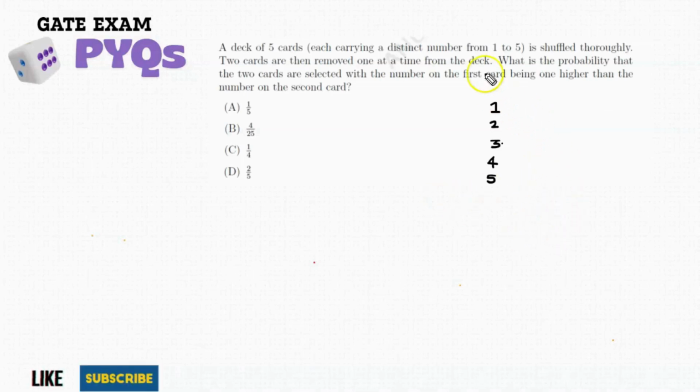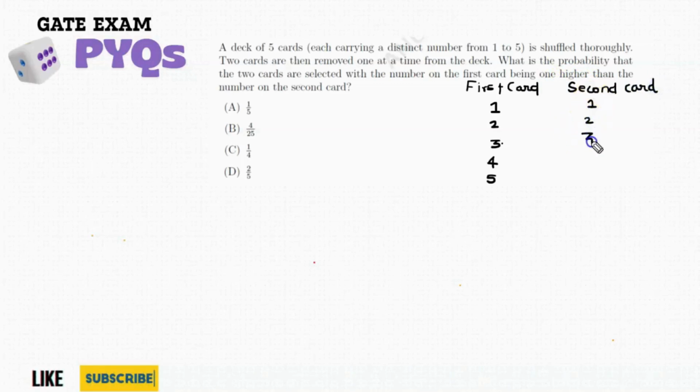Number on the first card. So let us say this is our first card. It can have the following numbers. And here we can write down our second card. It also carries 1, 2, 3, 4, 5. We have to consider those cases where the number on the first card is 1 higher than the second card.